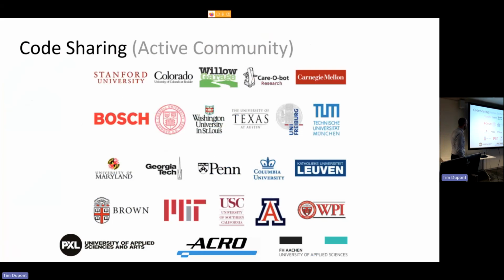Also code sharing, apart from our institutions, we share code. A lot of big universities do that, and a lot of companies, for example, Bosch, use it for large agricultural machines, and they share not all the things, but some code. So that's pretty cool.